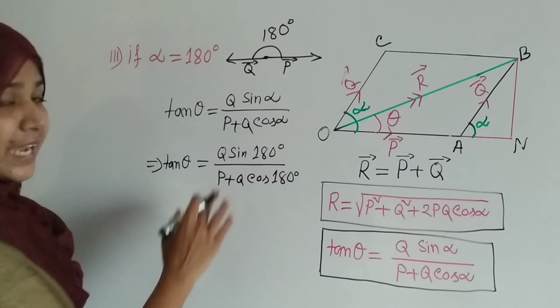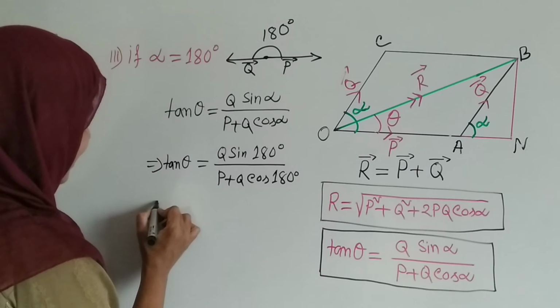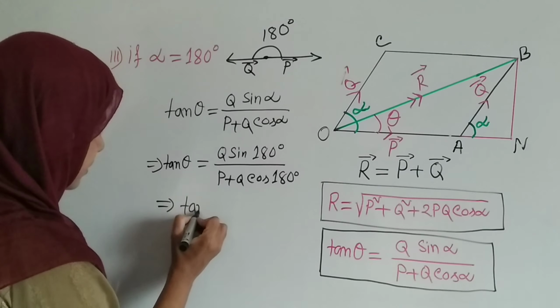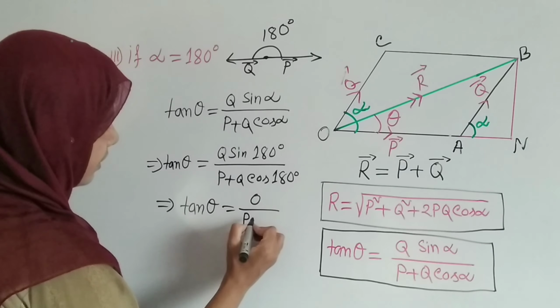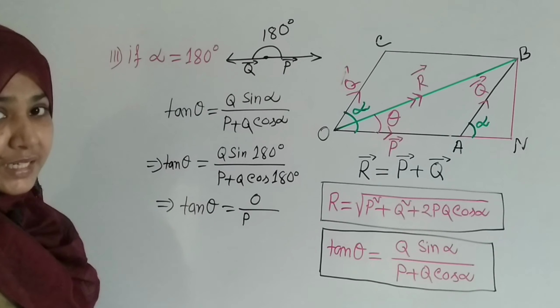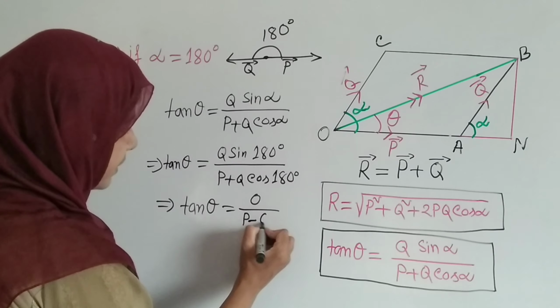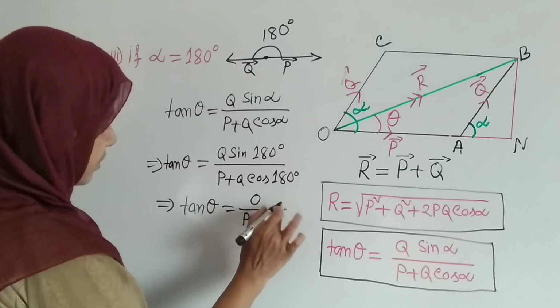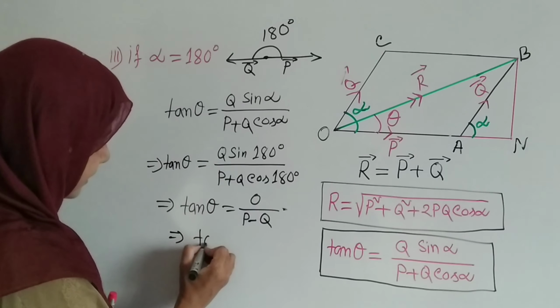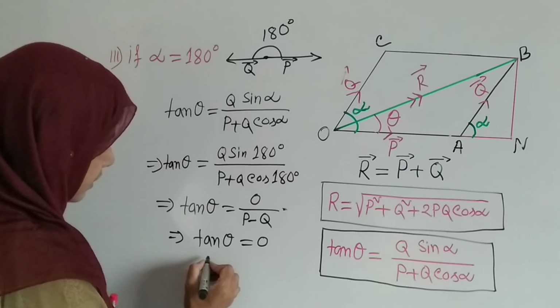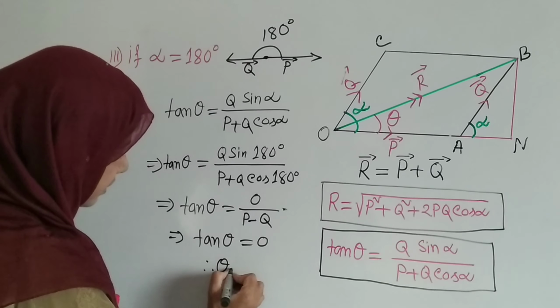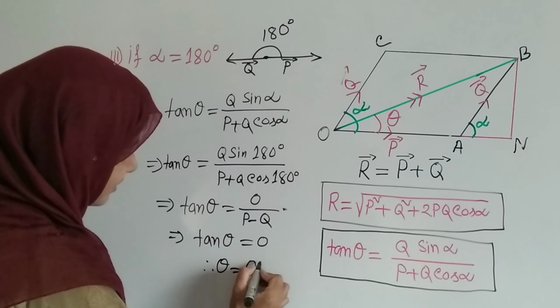So we can write that tan theta equals 0 by P. The value of cos 180 degree is -1, that means P minus Q. So tan theta equals 0. That means theta equals 0 degree.